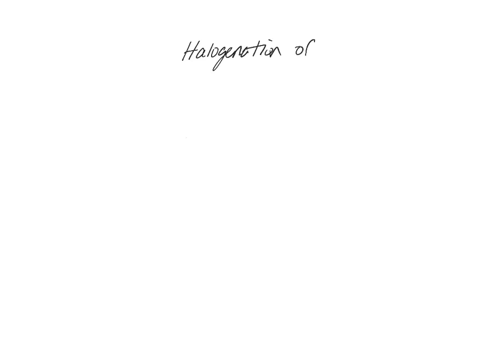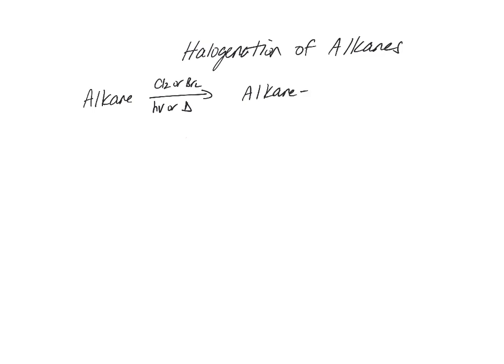This is something that we learned at the end of Unit 1, where you could take an alkane and treat it with either chlorine or bromine, with light or heat, and you could put a halogen, a monohalogenation, on the alkane, so it'd be alkane X.